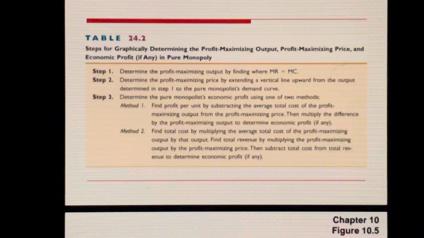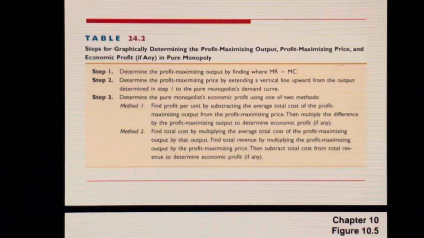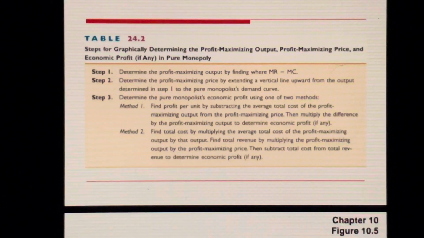There is a table of steps for the graphical determination of the profit-maximizing output, profit-maximizing price, and economic profit, if any, in pure monopoly. Basically, three steps matter in the monopolist market.